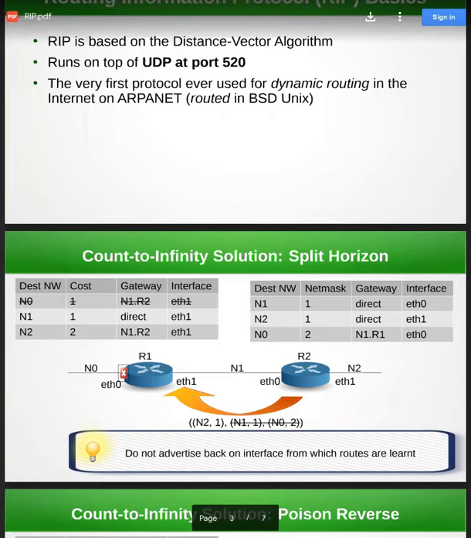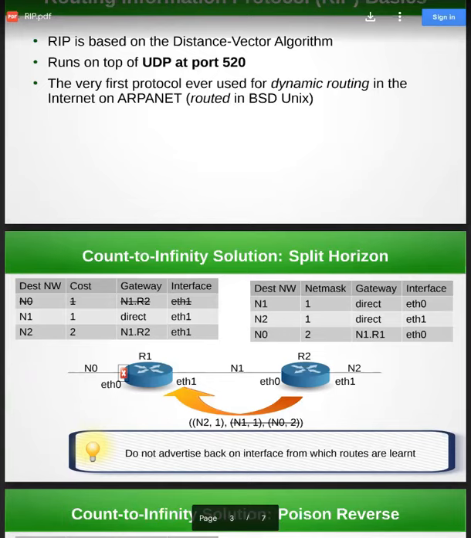I'm removing the entry for N0 from R1. However, the advertisement from R2 will only contain N2, because N2 is the only network it knows from an interface other than ETH0. It's advertising this information on ETH0, therefore it advertises only N2 on ETH0.